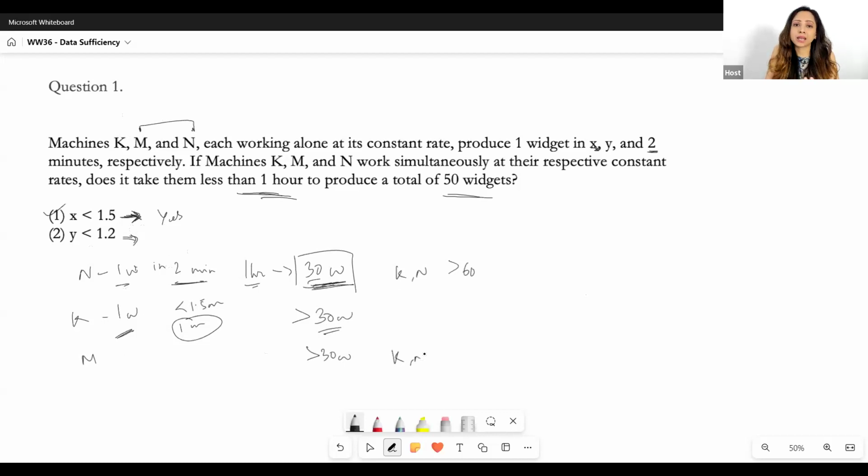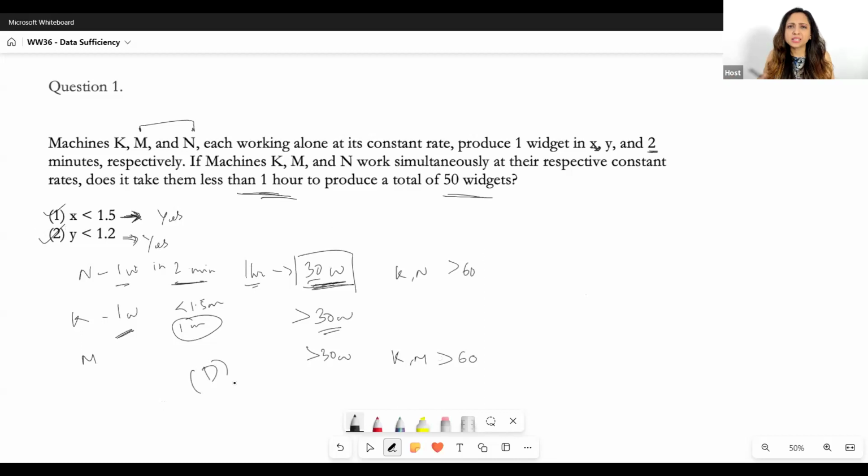So now my K and M together are going to make more than 60. And then when I add N also, of course, it's going to be much more, right? So this alone is enough as well. So my answer over here is going to be B. Each statement alone is sufficient.